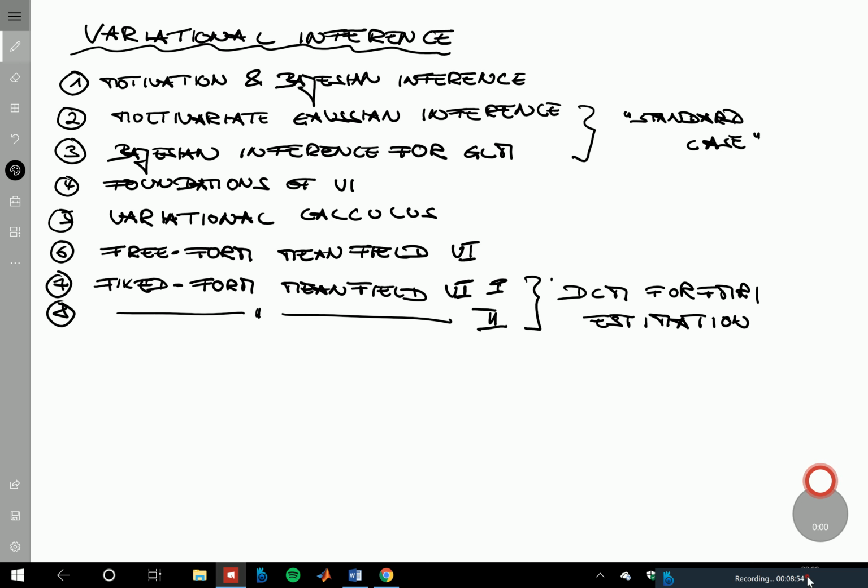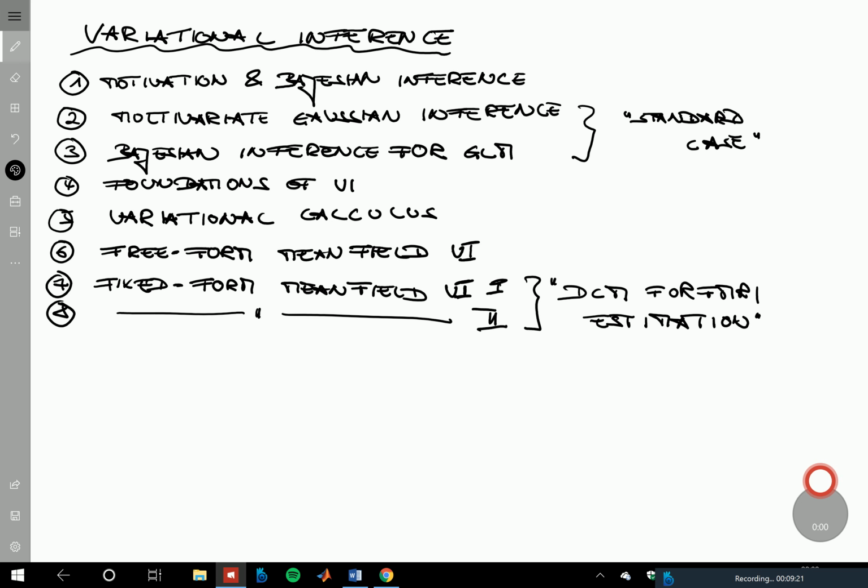And they are estimated using fixed form mean field variational inference. To explain how that works, we have to do these first 6 sessions, and then we can discuss how DCMs for fMRI are estimated, namely using fixed form mean field variational inference. And then we are also done with DCM for fMRI.